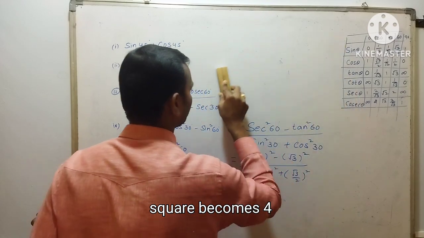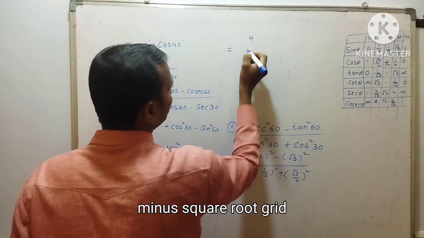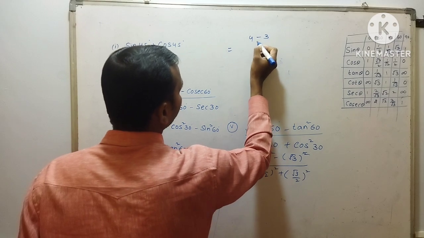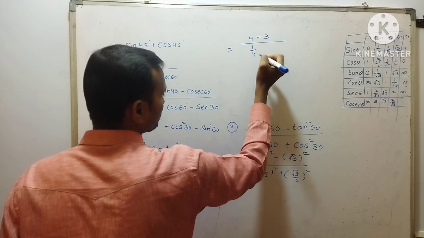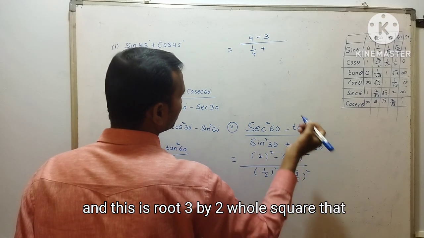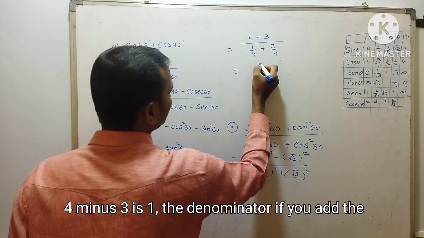That is 2 square become 4 minus square and root get cancelled. We will get 3 here. So 1 by 2 whole square is nothing but 1 by 4 and this is root 3 by 2 whole square, that is nothing but 3 by 4. 4 minus 3 is 1.